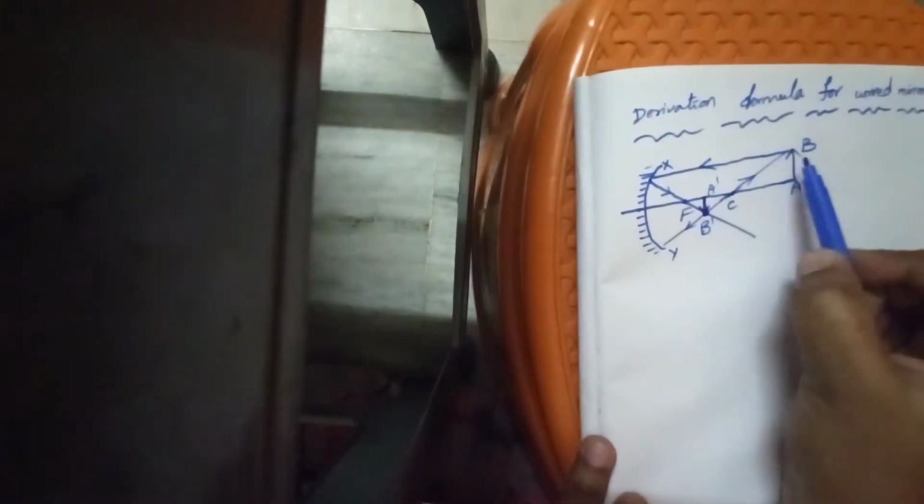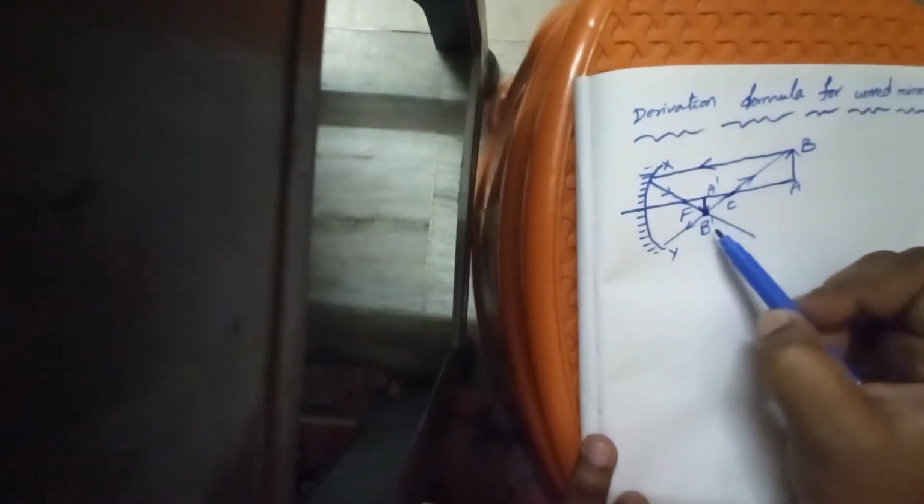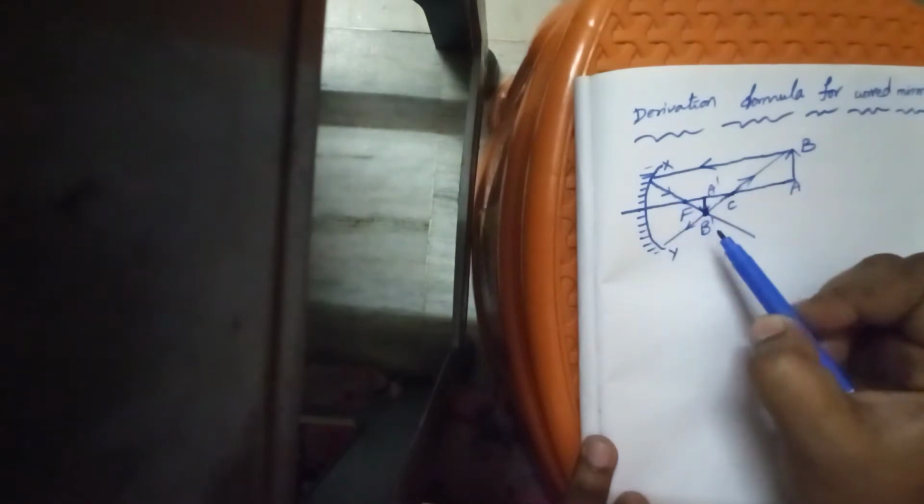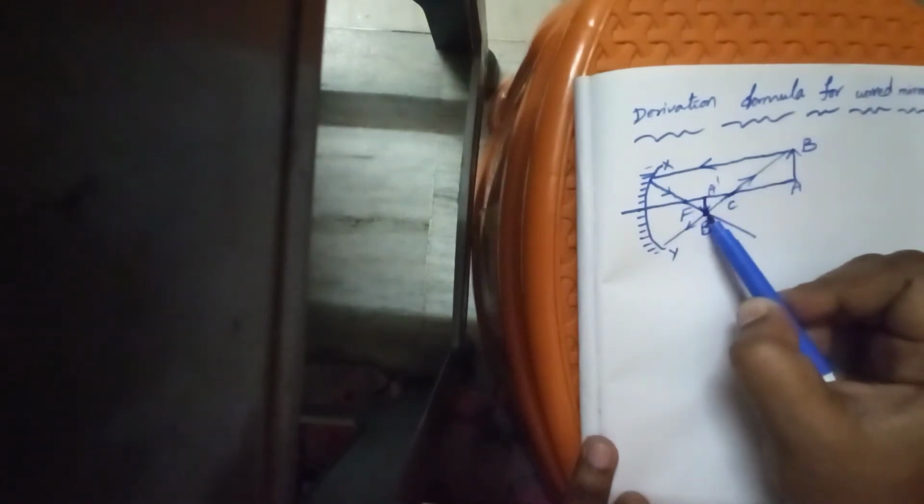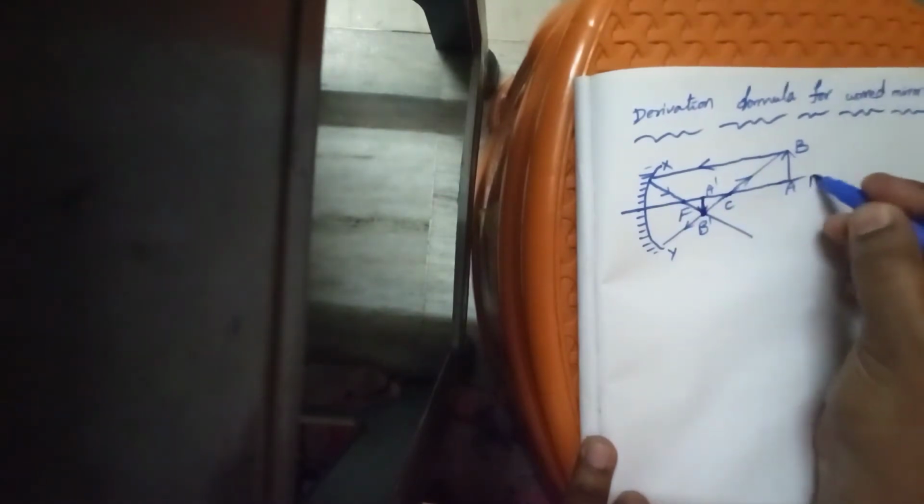Here we are taking the object AB, and the image of AB is here, and B dash is the intersecting point of the two reflected rays. From B dash we can draw a perpendicular to the principal axis. So these two are right angle triangles.